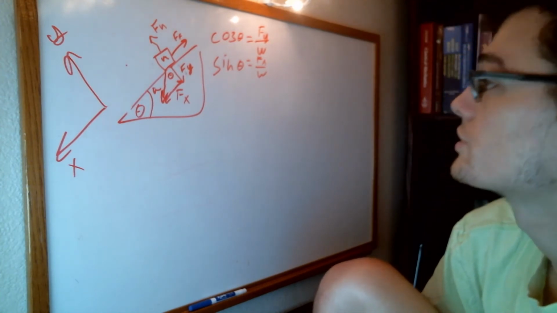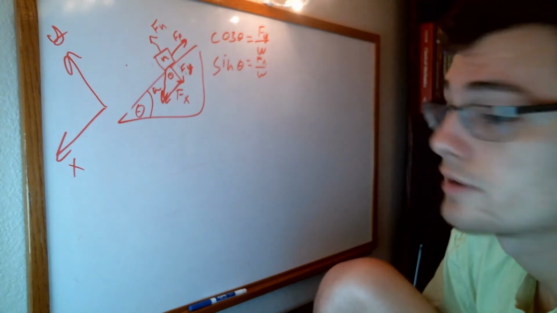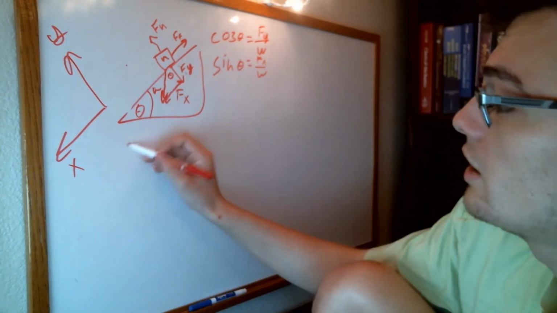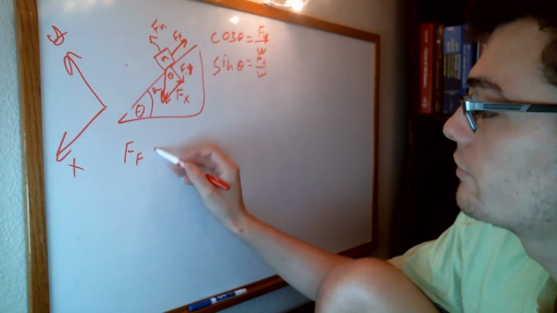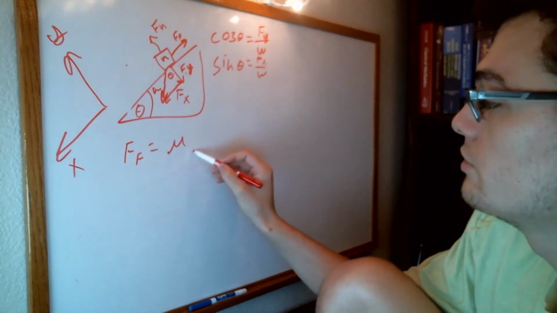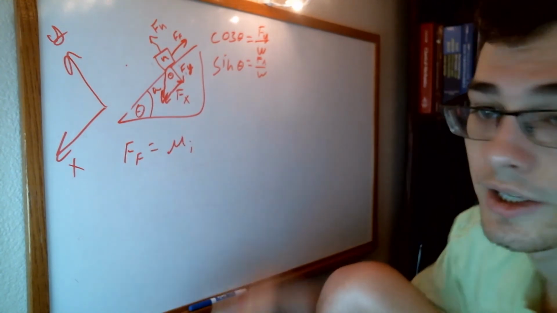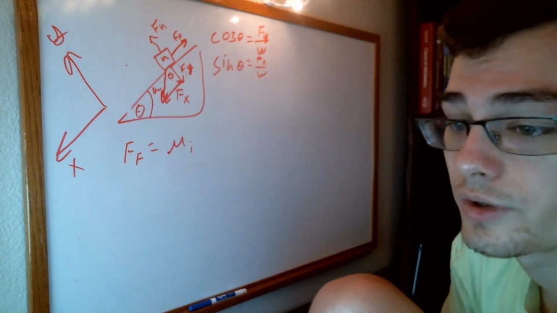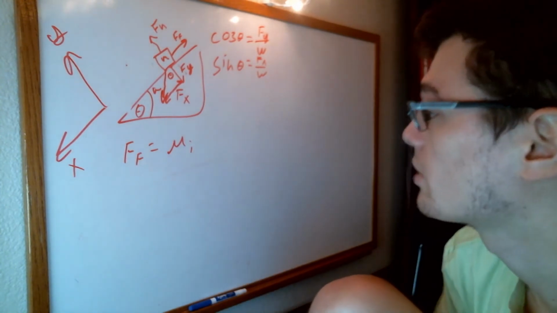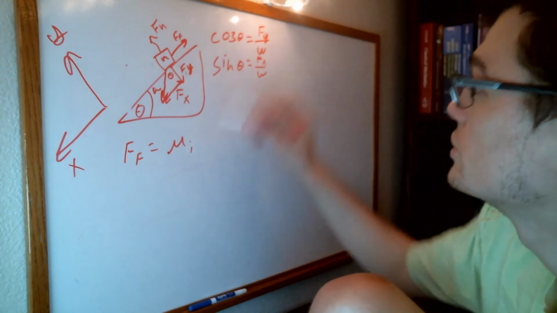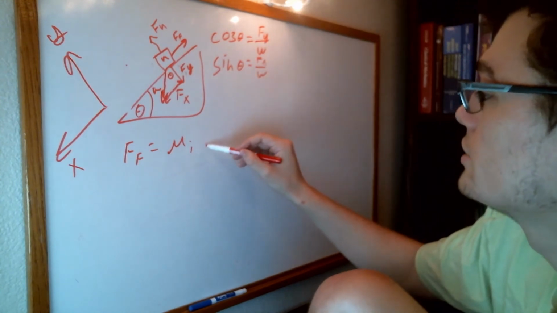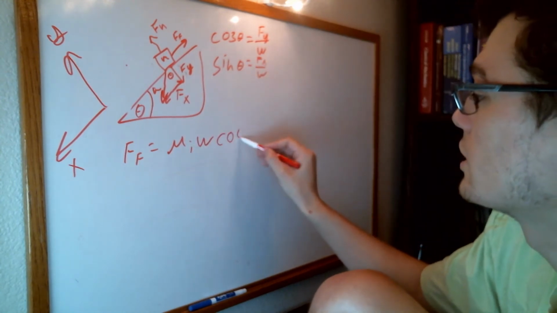So Fn is just going to be equal to Fy in this case. And so then F of friction is going to be equal to mu, and I'm going to put that as an i because it can either be static or kinetic friction based on what we need the problem to do. Fn is going to be equal to Fy, so this is going to be W cosine theta.